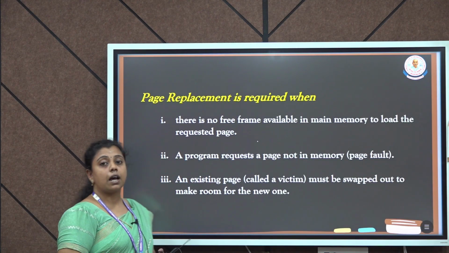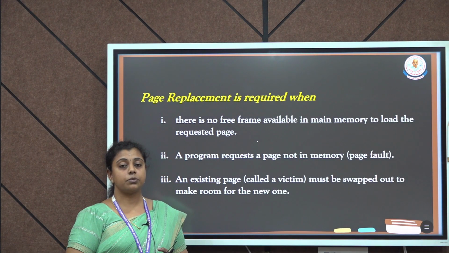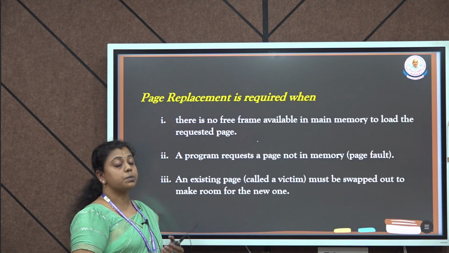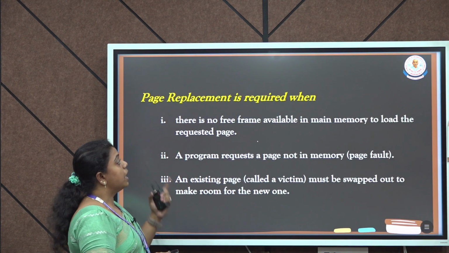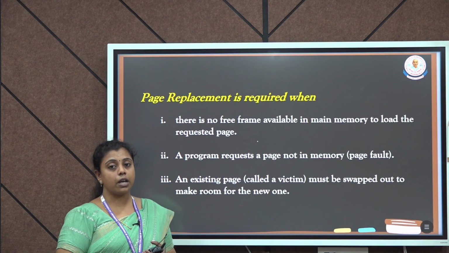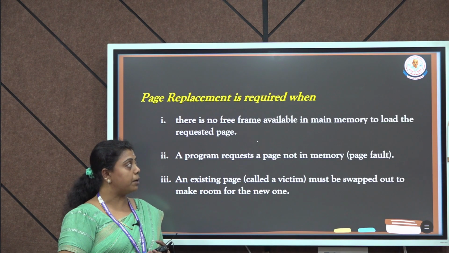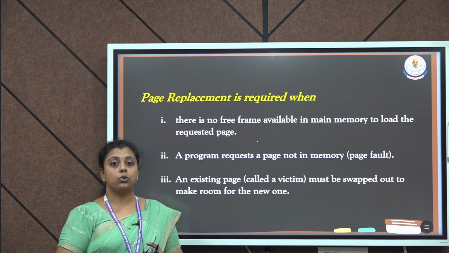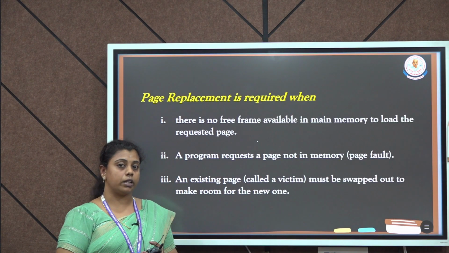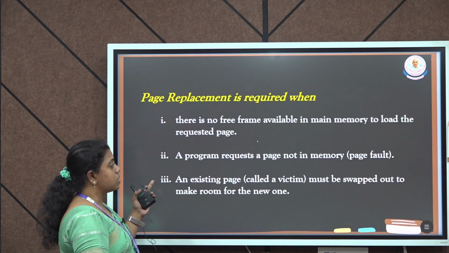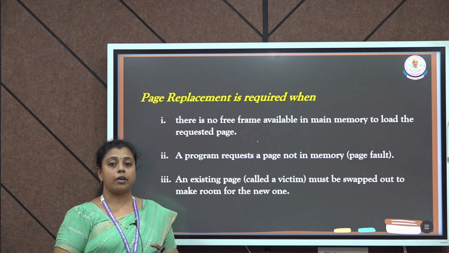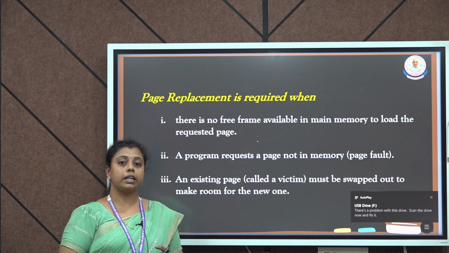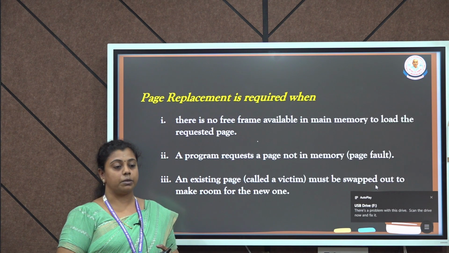There are three necessary conditions where we use page replacement algorithms. In the first case, if there are no free frames available in the main memory, we use the page replacement algorithms. Next, suppose a program requests a page that is not available in the main memory; in that case also we use page replacement algorithms.